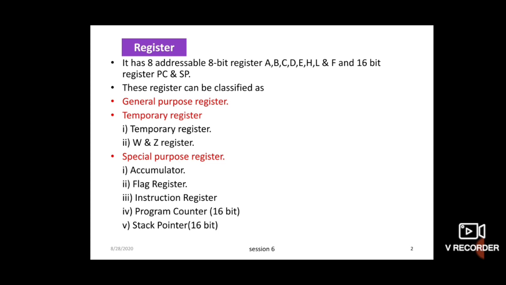These two registers are 16-bit and the remaining are 8-bit. 8085 is an 8-bit microprocessor, so only 8-bit data is processed. If a register pair is used, then 16 bits are used.